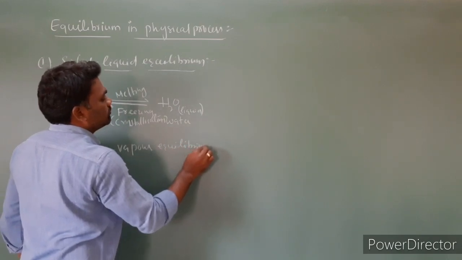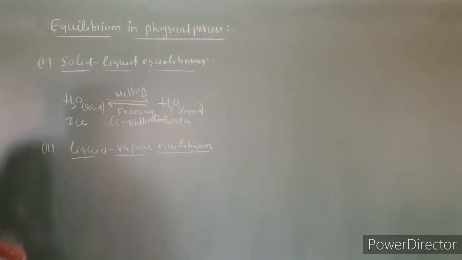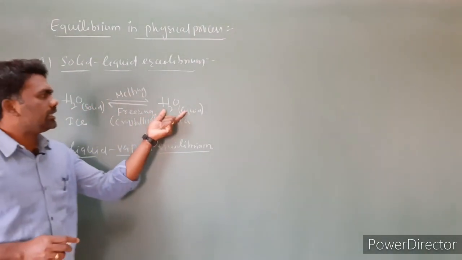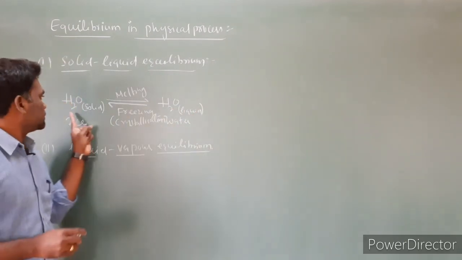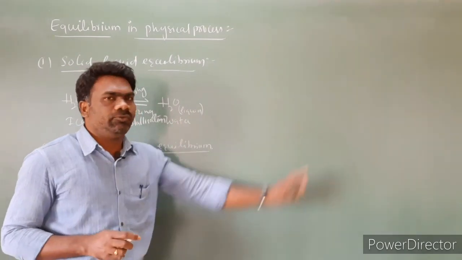For liquid vapor equilibrium, take an example: the conversion of water into water vapor. The conversion of ice into water was one step. Now imagine water converting into water vapor.